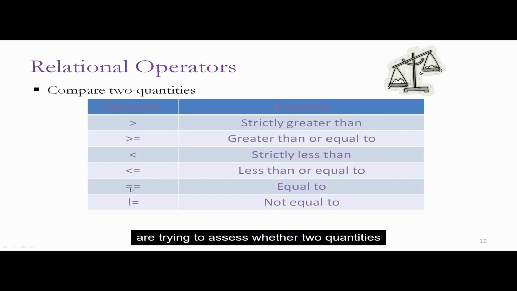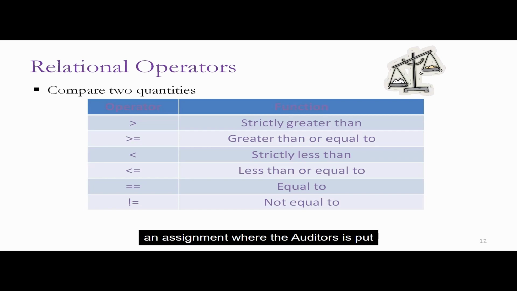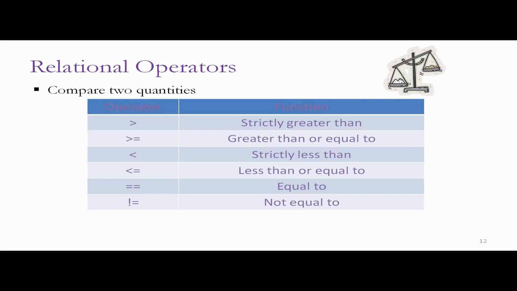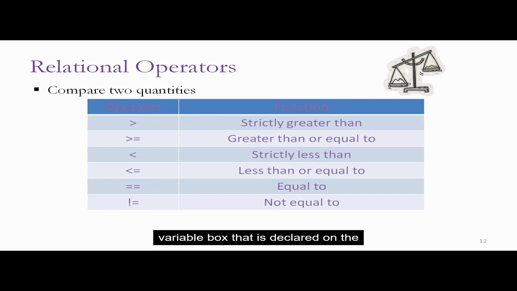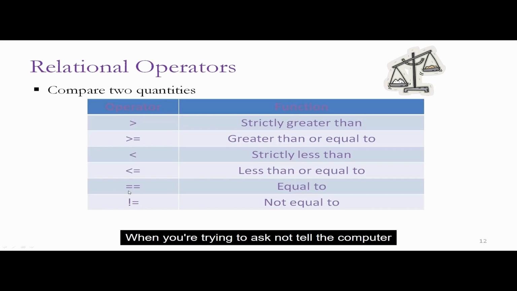Here, we are trying to assess whether two quantities are equal to each other. When you just use one equal sign, what you'll have is an assignment, where the value of the RHS is put in the variable box that is declared on the left-hand side. When you're trying to ask, not tell, the computer whether two values are equal, you use two equal signs in a row.